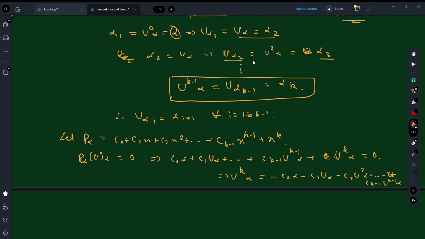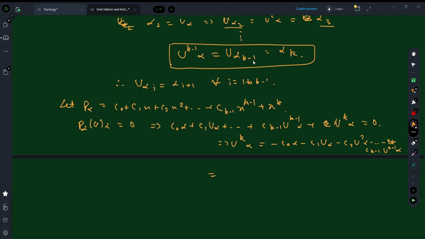But that implies U k alpha. Now alpha is basically alpha 1, so it's minus c0 alpha 1. U alpha is alpha 2, so it's minus c1 alpha 2, minus c2 alpha 3, and so on till minus c k minus 1 alpha k, right? Is it clear?